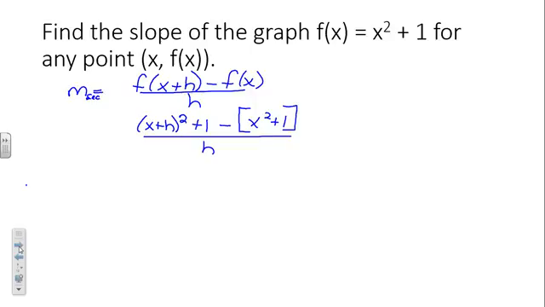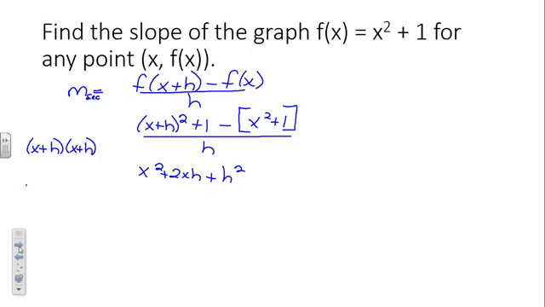Now the hardest part is squaring that first thing out. If we square x plus h, take it times itself, and hopefully you've done enough of these over the years that you can immediately just say this is x squared plus 2xh. You multiply them together and double them, and then you square the last one. Or you can FOIL it off to the side, and you'll get the same thing.